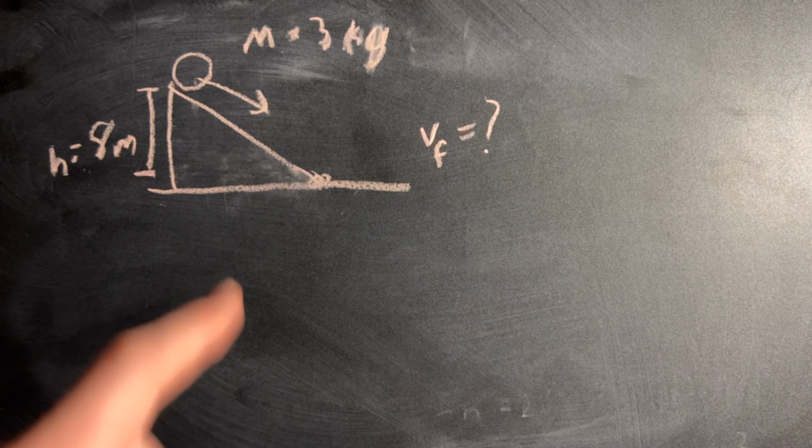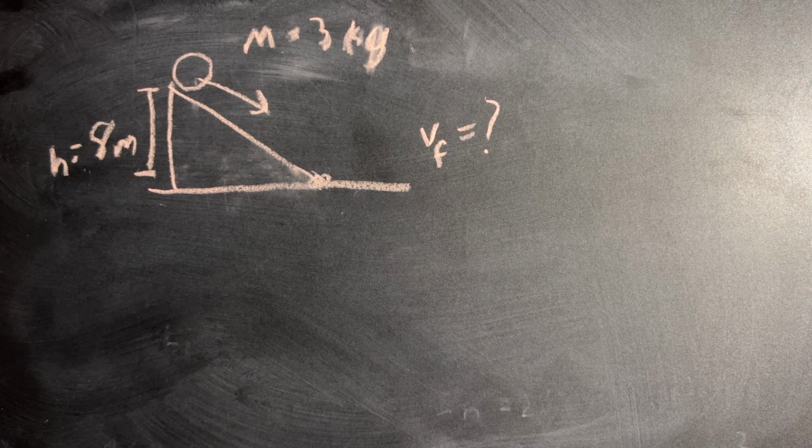Now initially, when I tried doing this problem, I solved for the final angular velocity, but that doesn't work because you would need to know the radius of the sphere, which they don't give us. So instead, we're going to find velocity final.